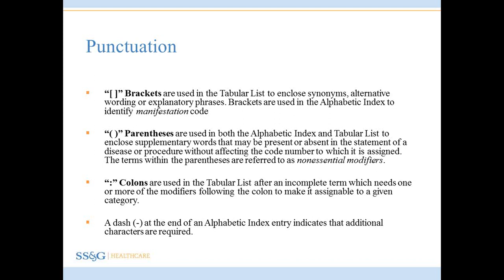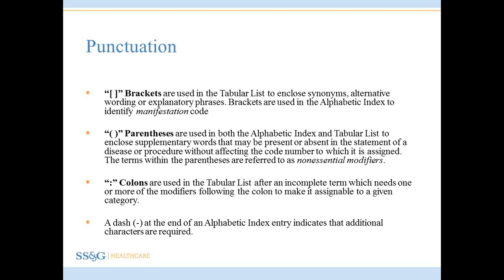A dash at the end of the alphabetic index entry indicates that additional characters are required. So when you go to the alphabetic index and you look up a code, running your finger down the codes, where the code in the alpha index has a dash after it, you're going to know right away that you have more characters that you need to find. Also, while you're in the alphabetic index, for those of you who have an ICD-10 book to look at, there are very faint gray lines.